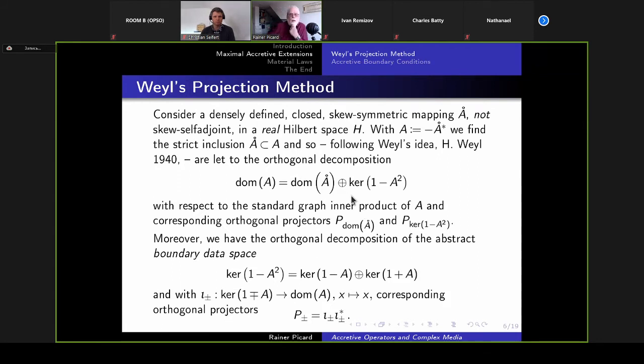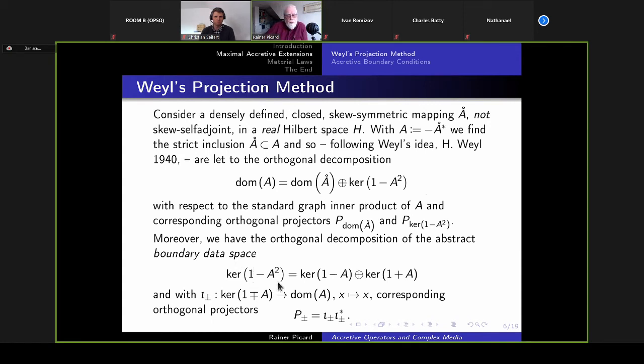So anything that is not zero on the boundary sits in this kernel of 1 minus A squared. And so this kernel of 1 minus A squared will serve for us as an abstract boundary data space.